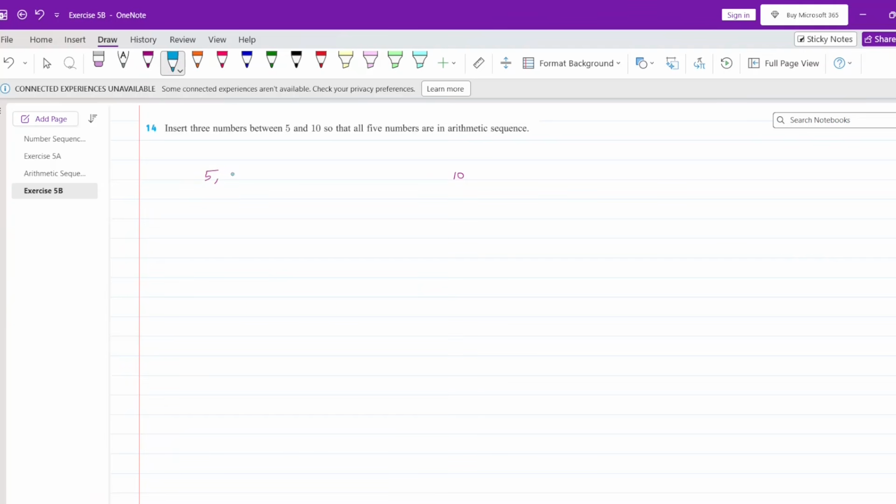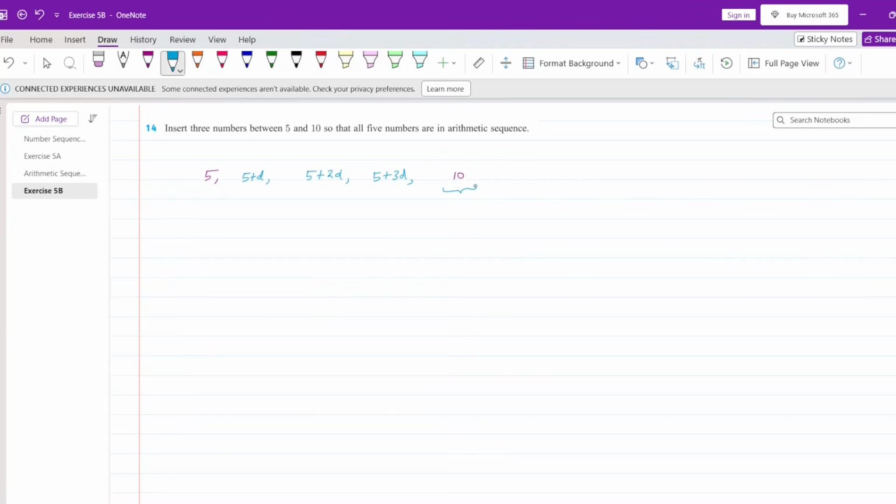What we know is that the very next term is going to be 5 plus d, and the following terms are going to be 5 plus 2d and 5 plus 3d. We have inserted three numbers here between 5 and 10.